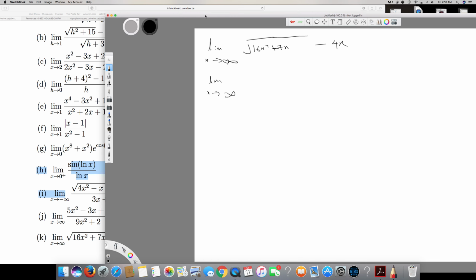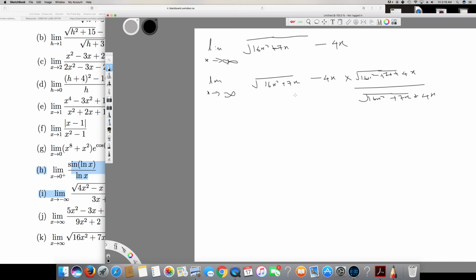If I multiply it on the top, I have to multiply the bottom too, so it's going to be the square root of 16x squared plus 7x minus 4x, multiplied by the square root of 16x squared plus 7x plus 4x, over the square root of 16x squared plus 7x plus 4x, right?